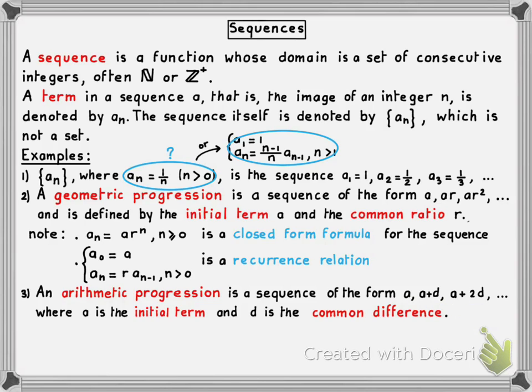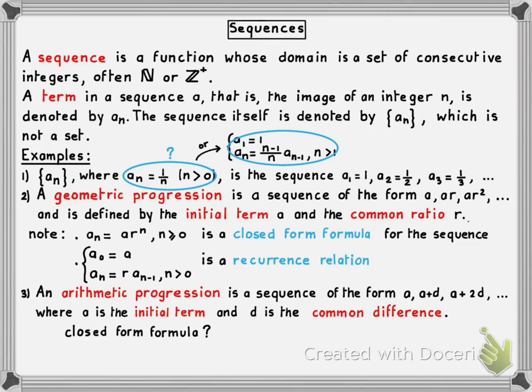So the difference between a geometric progression and an arithmetic progression is that in this case you have to multiply by a constant to go from one term to the next, whereas here you have to add a constant to go from one term to the next. So what I want you to work on now on your own is to take any arithmetic progression like this one and to give a closed form formula for it.